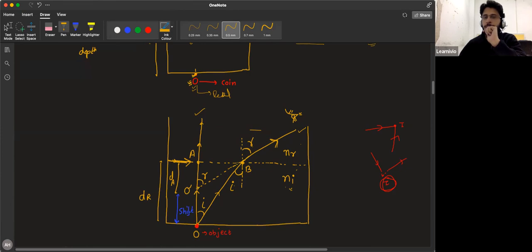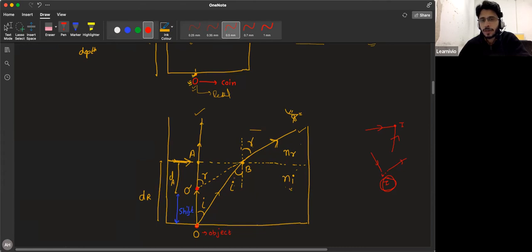And this point is the image of your object. So the object which is actually placed here will appear over this point. This is the image of the object. So the position of the object shifts due to refraction.